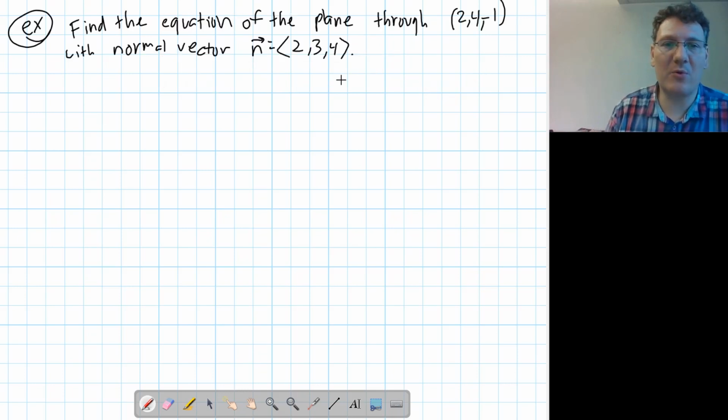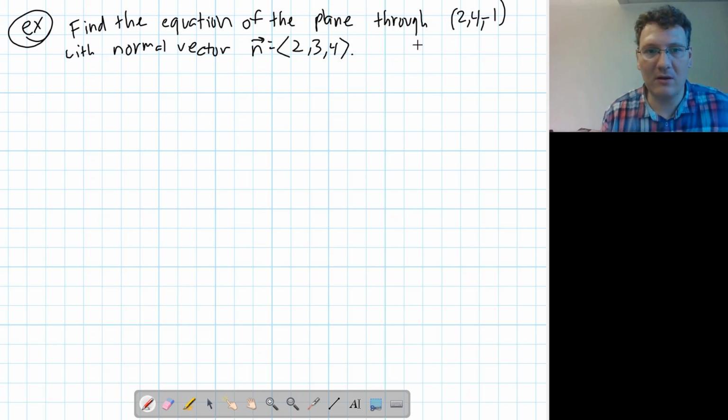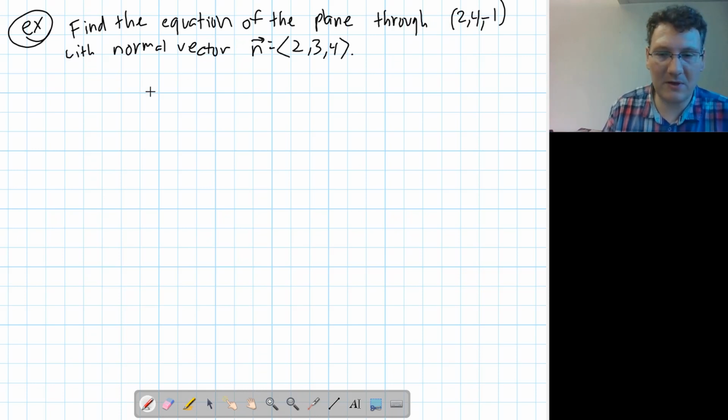Okay, so here's an example. We're going to find the equation of a plane through the point 2, 4, -1 with a normal vector of 2, 3, 4. And so this can be found, we're going to use the vector equation, which has the coefficients of 2, 3, and 4, the coefficients from the normal vector.